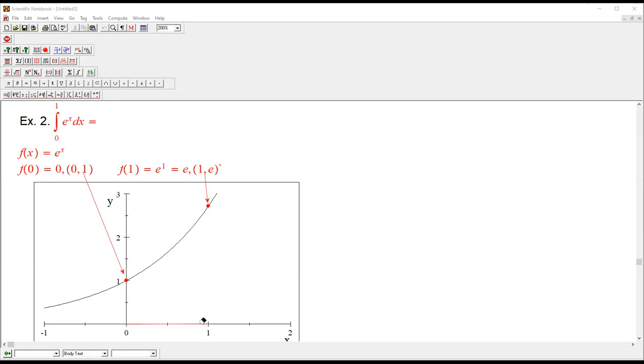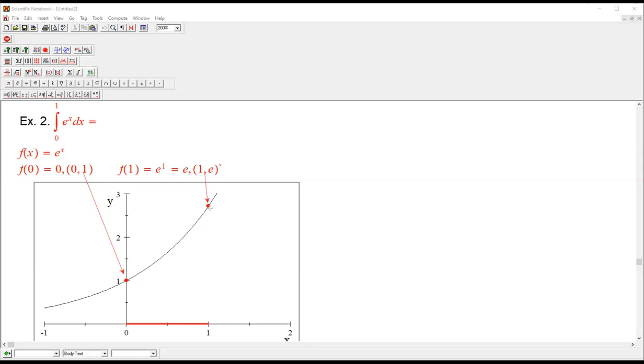I'm going to just erase that piece and make it thicker. So this is the interval in consideration, between 0 to 1. And that's the curve, which is f of x. This is one endpoint, this is the other endpoint.